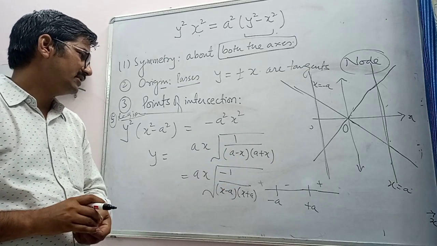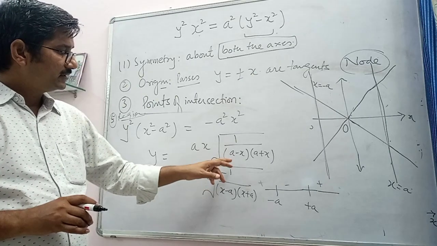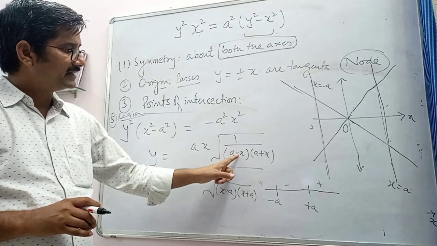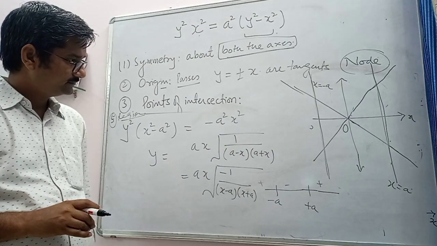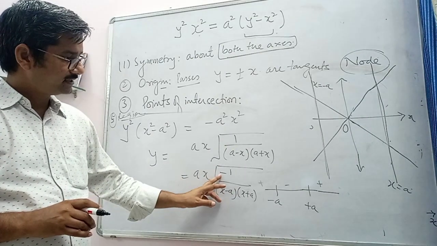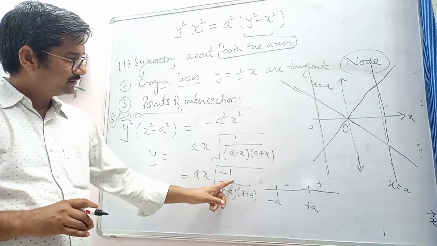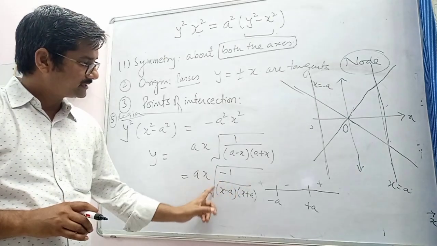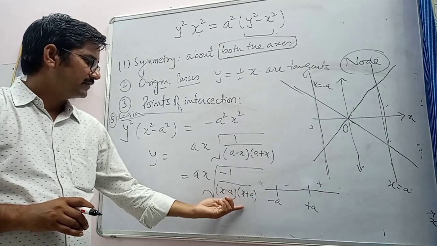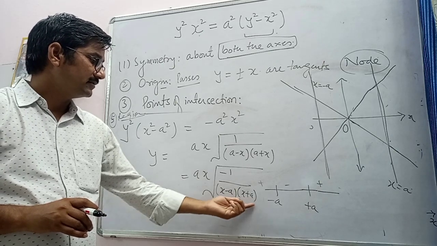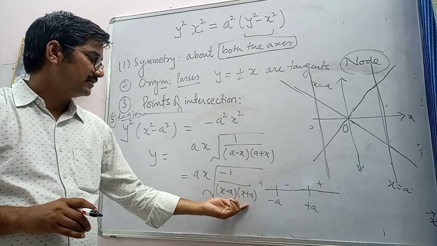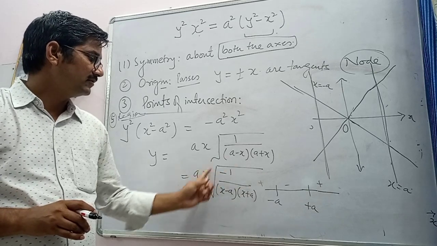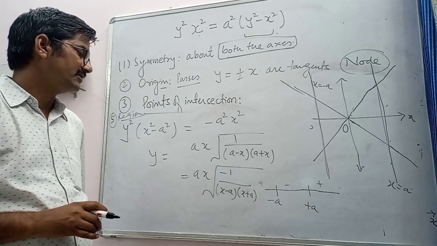To apply the wavy curve method, the coefficient of x here should be positive, so let us take the minus sign common. Now we have to check the sign of this value. Where this expression has a positive sign, the whole value will be negative inside the square root.